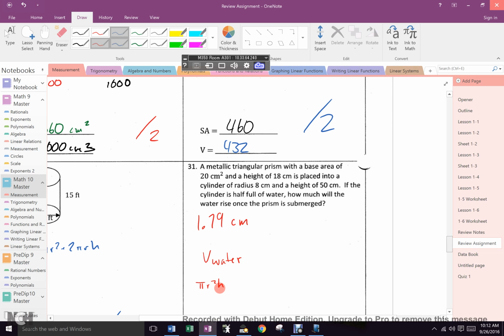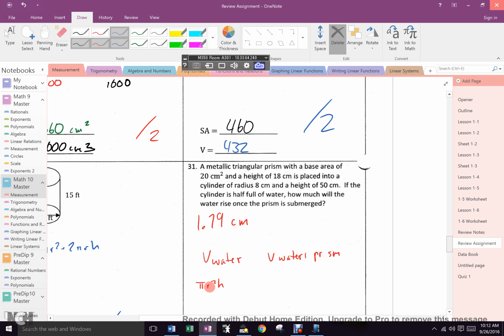And then after I drop in the prism, I'm going to have the volume of the water plus the prism. Understand? Everybody with me? I'm going to have the water plus the prism.